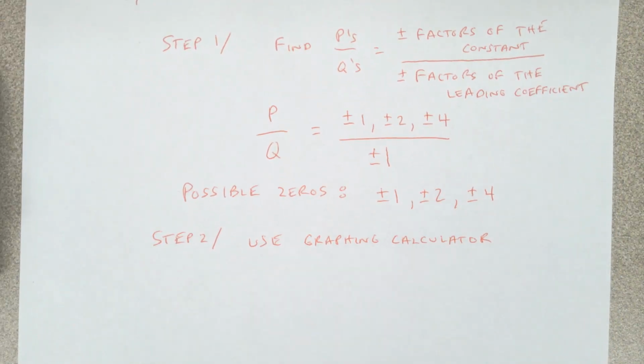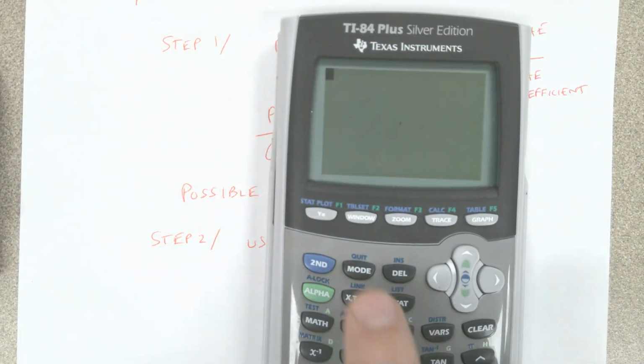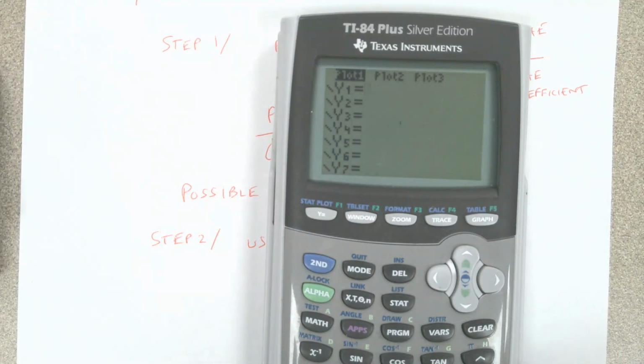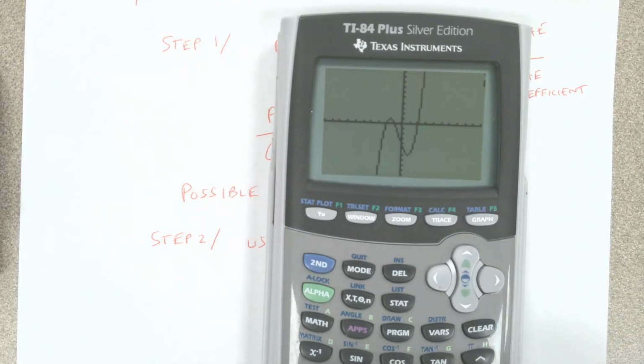So as I get my graphing calculator out and type this in, we've got y equals, I'm going to clear out what's in there, and we're going to do x to the third plus x squared minus 4x minus 4. And let's go ahead and graph that and see what that looks like.